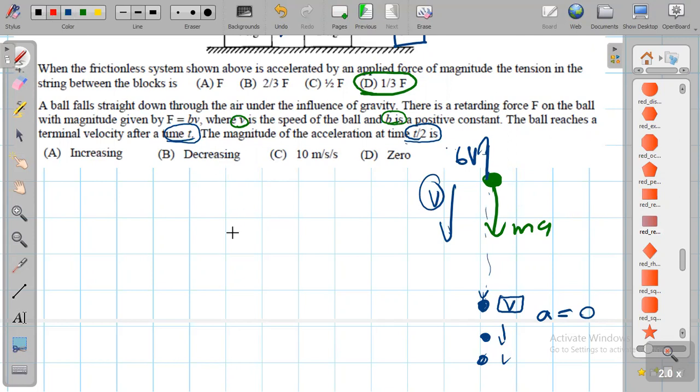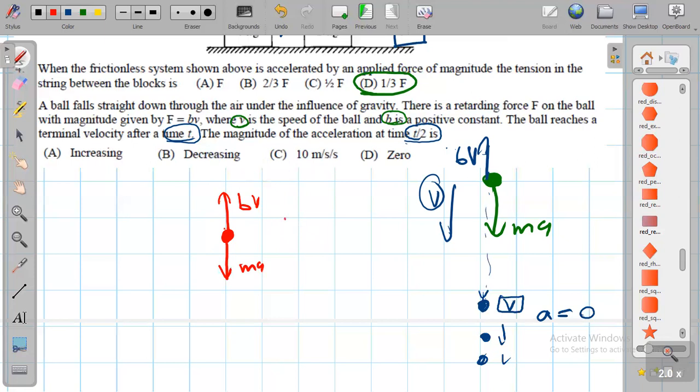You have to understand many things to do this one. At the moment of terminal velocity, how about the acceleration? Weight is mg, right? Upward force is bv.